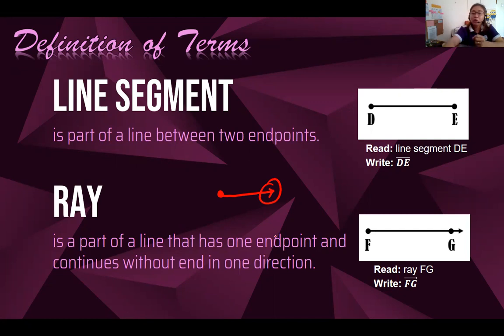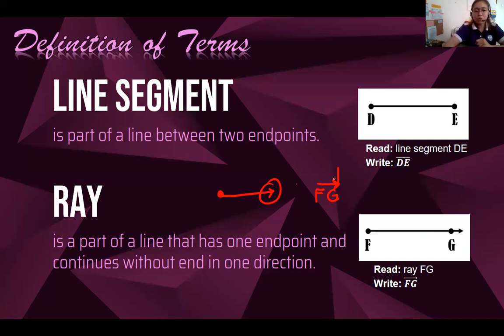Then, when you try to write in symbols the name of a ray, all you need to do is get the endpoint. So, say in this example, we have F and G. Your endpoint is F, then another point on the other side would be G, and just write a line with an arrowhead on top of it. But only one of the ends has the arrowhead, the other one doesn't.